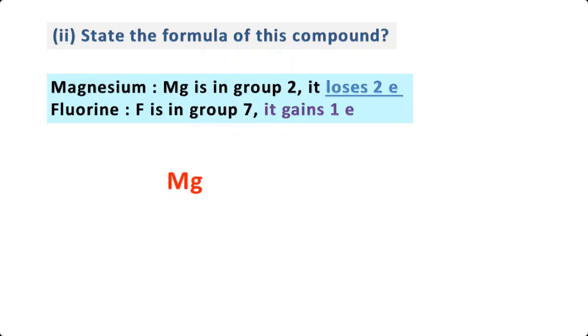So we draw magnesium, and then we put the number of electrons lost below. Same for fluorine, we put the number of electrons gained. By the way, the number of electrons gained, lost, or shared are called valency. And then we make a cross multiplication.